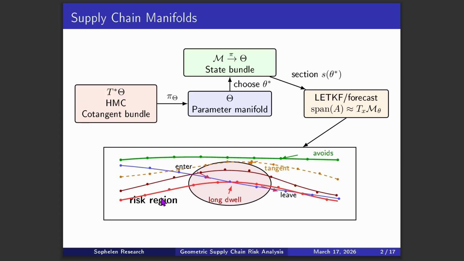We want to know how long the path stays in the risky region, and how many of those points go inside the risky region. So basically, we try to see how turbulent the paths are in the rollout.